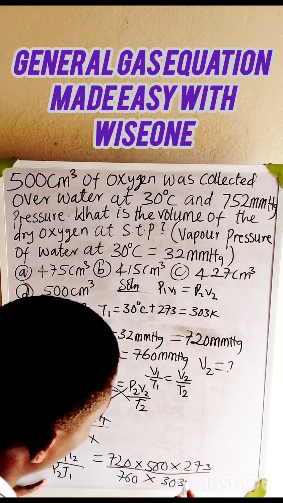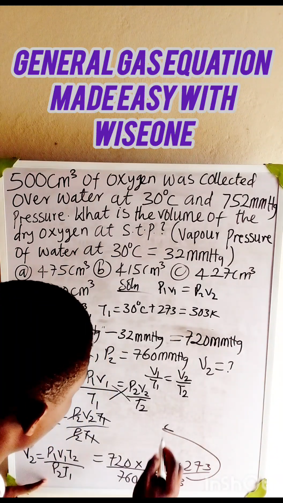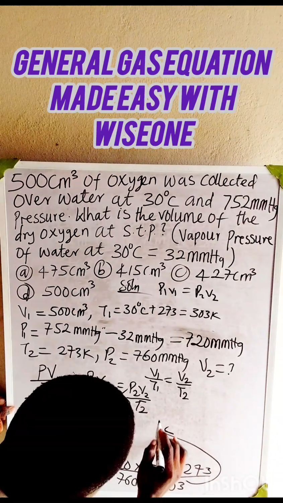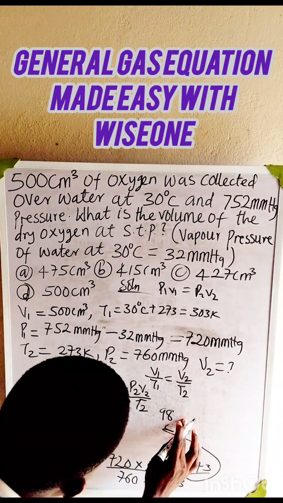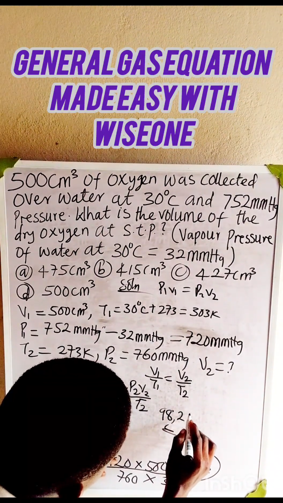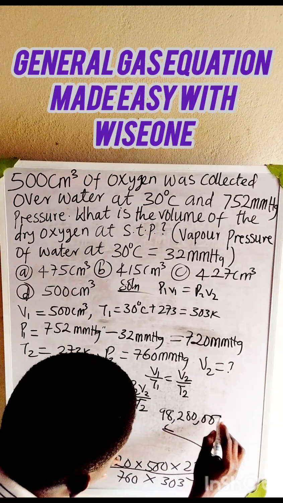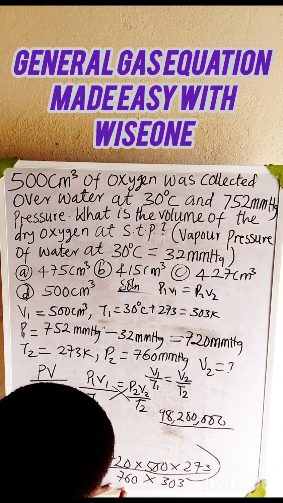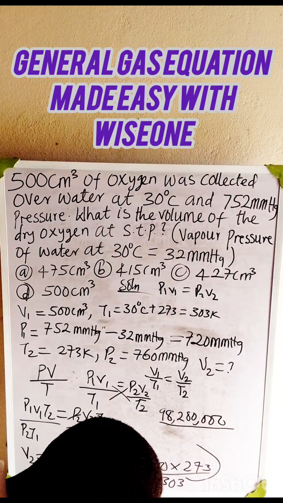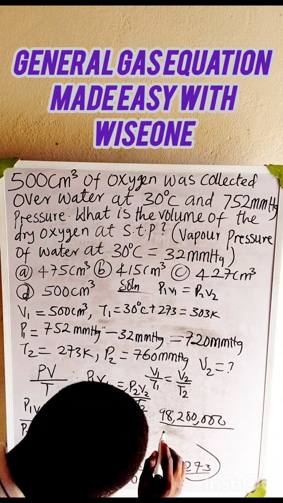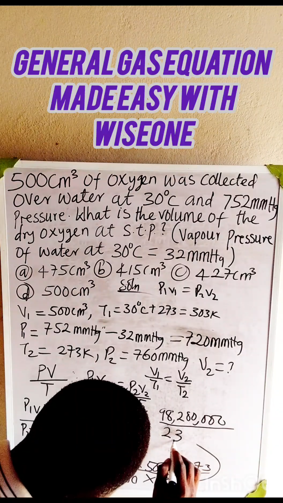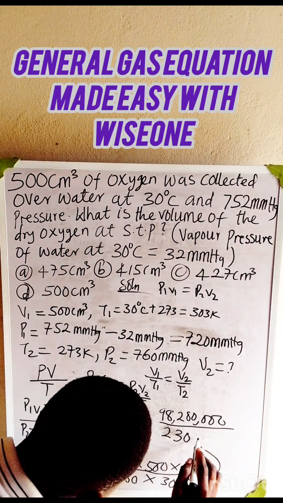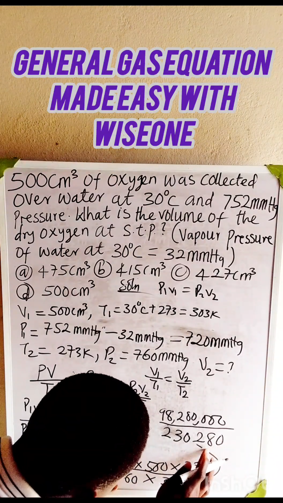When we press our calculator, 720 times 500 times 273 is 98,280,000. Let's divide it by 760 multiplied by 303, which will give us 230,280.